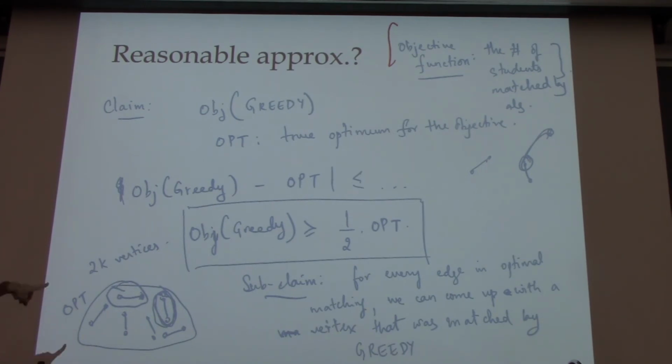Suppose I get to this top node. Greedy would have gone through this node, and at that point it would have looked at all its neighbors to see if they were matched or not. One of its neighbors is actually this other vertex, so it should have found an unmatched neighbor. So there's no way greedy could not have matched both these vertices. It could just be that greedy matched them to somebody totally outside this set, but that doesn't matter. We are only in the business of counting the number of nodes that were matched.